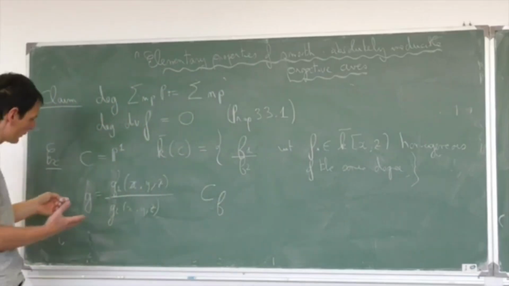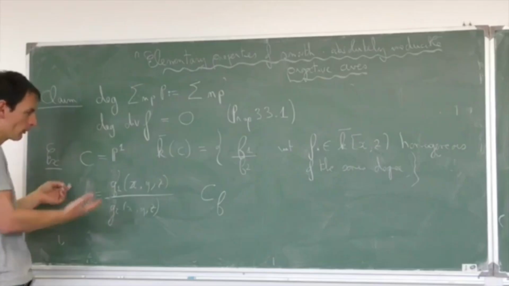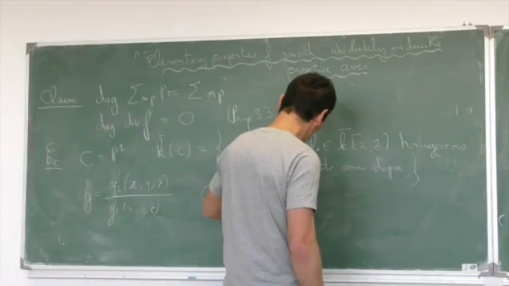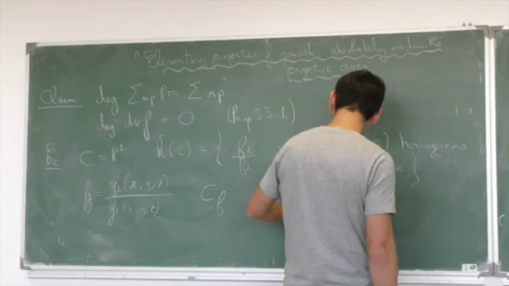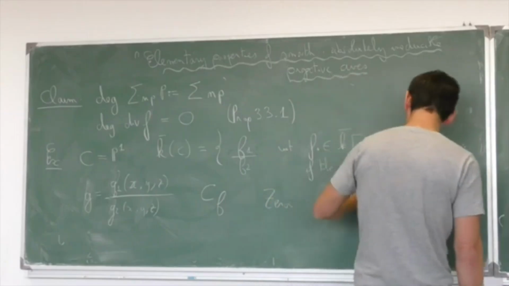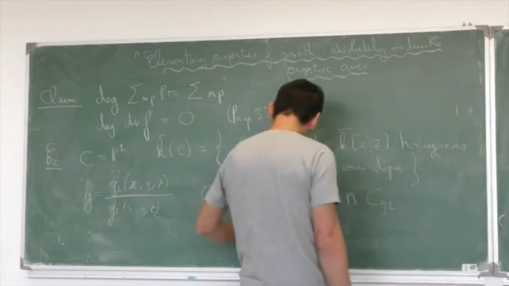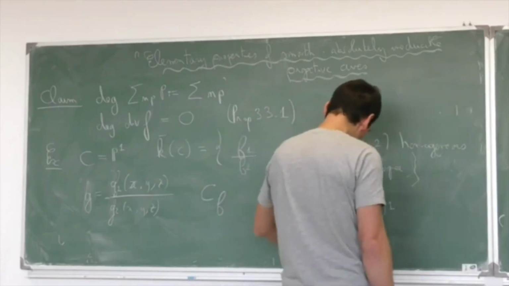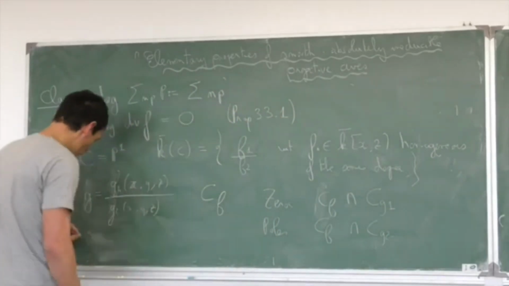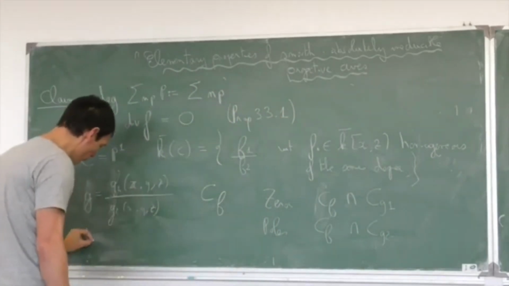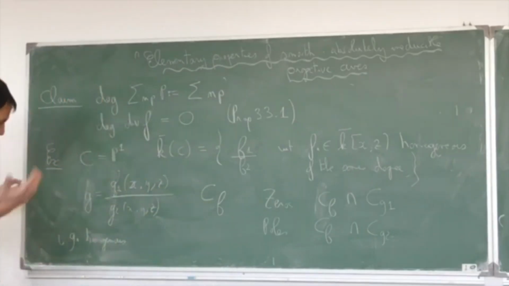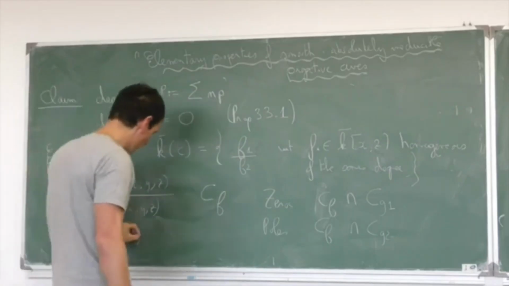And now what are going to be the zeros and the poles of f? Again, the zeros are going to be given by the intersection of Cf with the curve given by Cg1. And the poles are going to be given by Cf intersection Cg2. And the Gi are homogeneous again. For projective curves, this is always mandatory, and of the same degree.